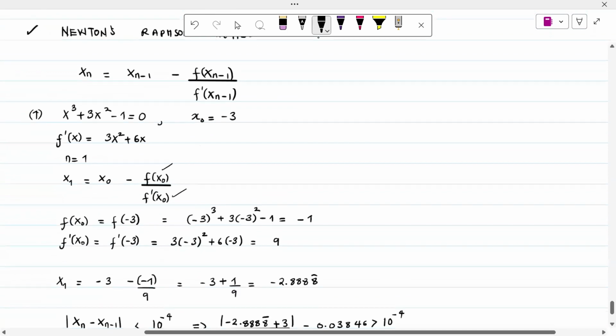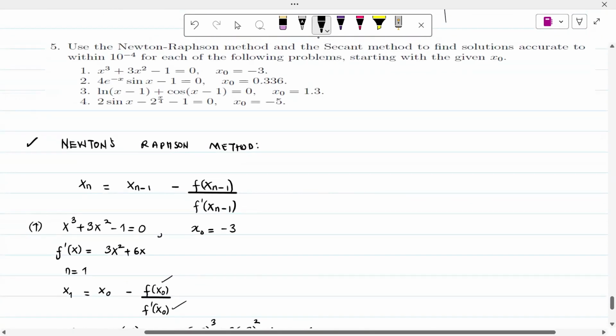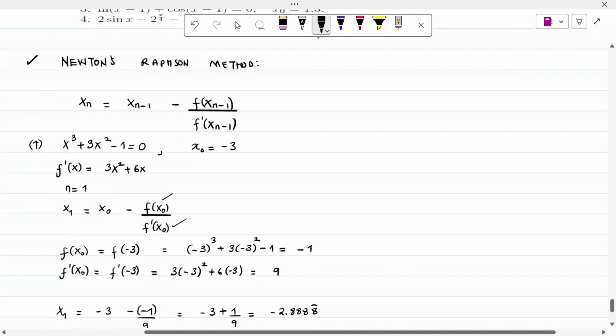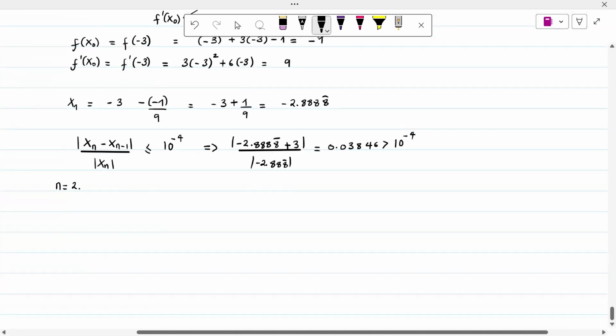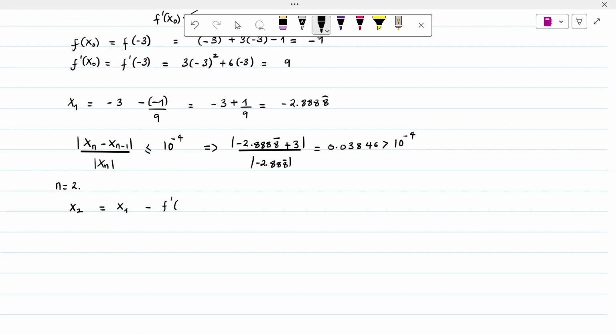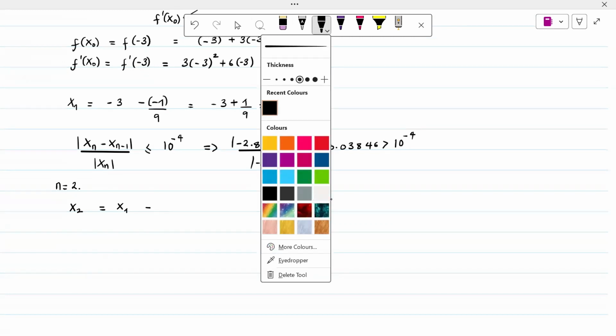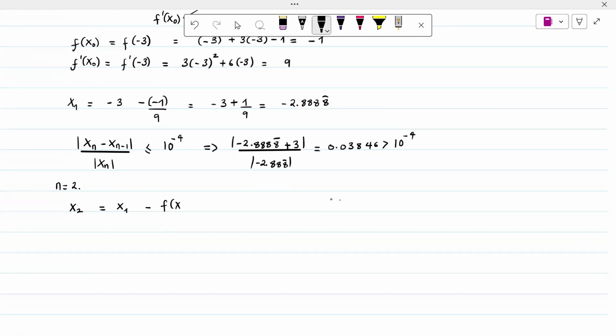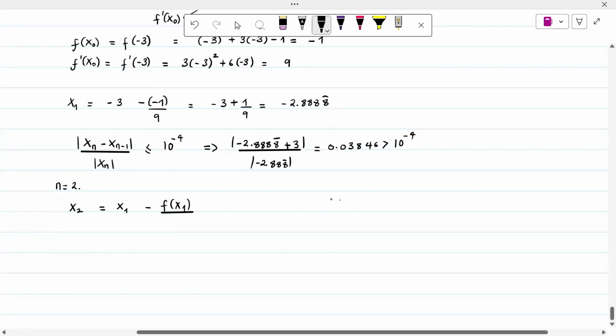You notice that we're going to have x2 equal to x1 minus f of x1 divided by f prime of x1. x2 equals x1, the previous approximation, minus f of x1 divided by f prime of x1. So we have to find f of x1 as well as f prime of x1.